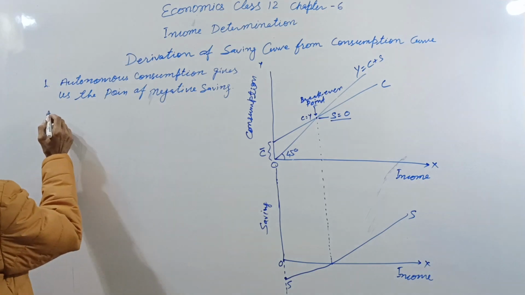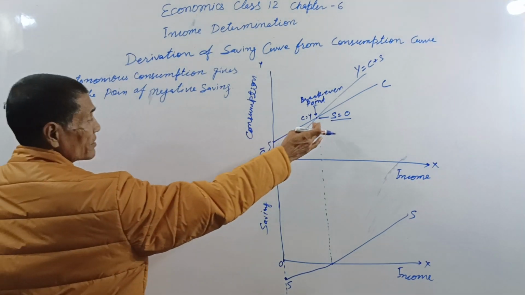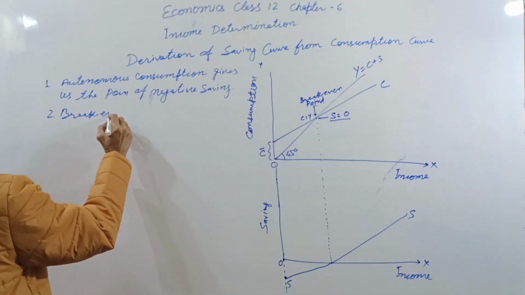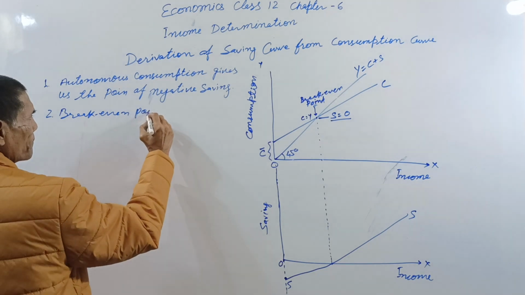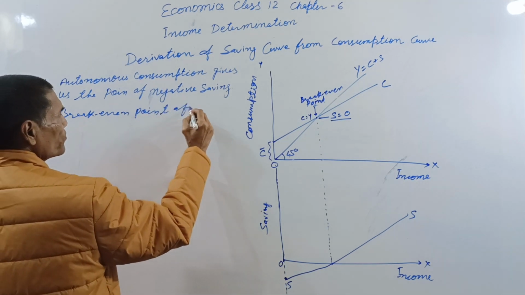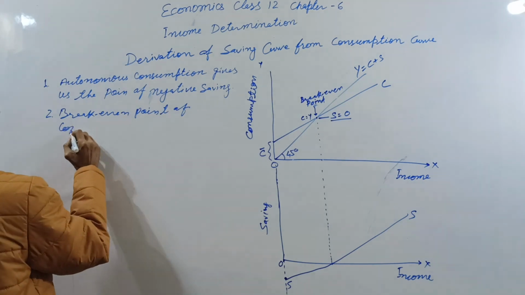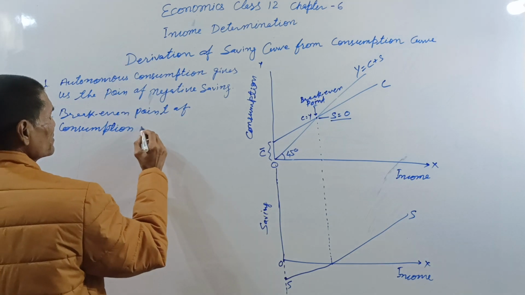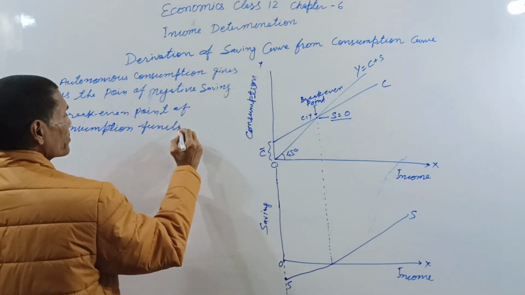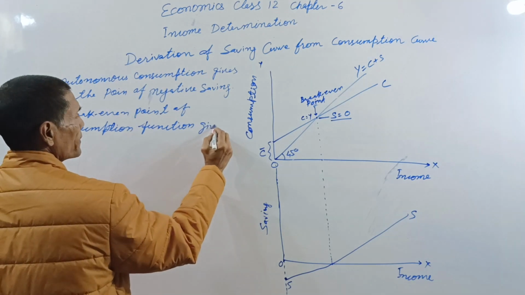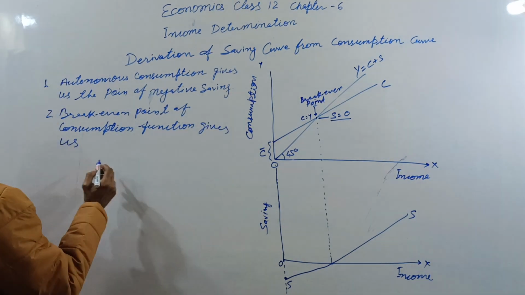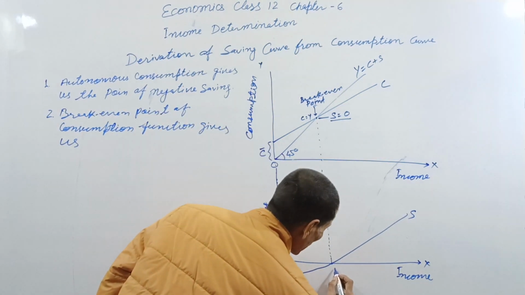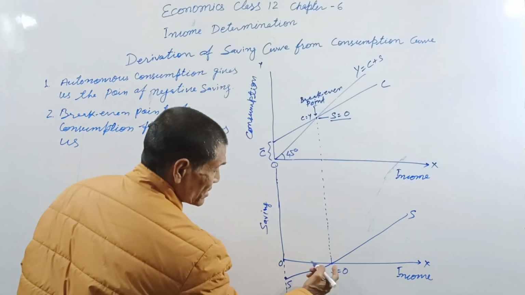And second thing, the break-even point of the consumption function gives us the point where s equal to 0. Write down s equal to 0, saving is 0 represented.